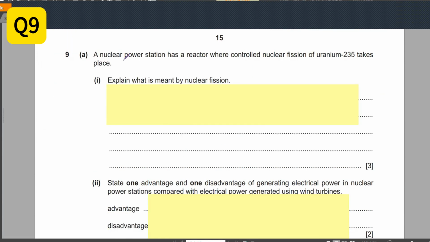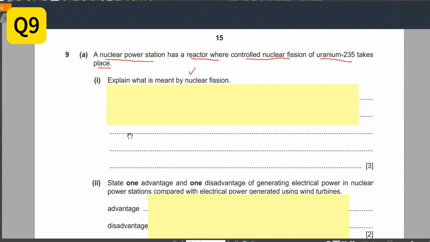Next question. Here, we have a nuclear power station that has a reactor where controlled nuclear fission of uranium-235 takes place. Explain what is meant by nuclear fission.